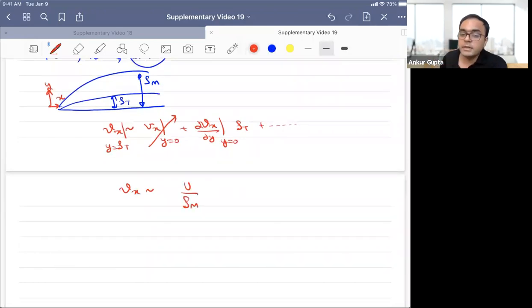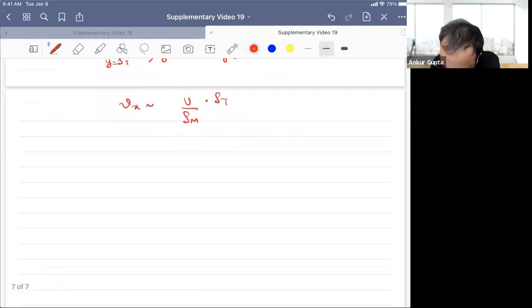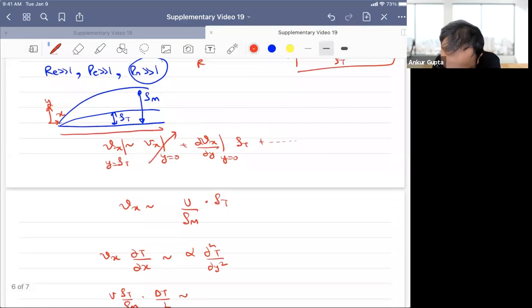And this is again where I want to differentiate this case from the other cases, and we get delta t out. Okay. Now we'll use this in our analysis: Vx del t by del x scales as alpha del square t by del y square. Vx is u delta t by delta m, delta t by L. Let's say the length is L here.